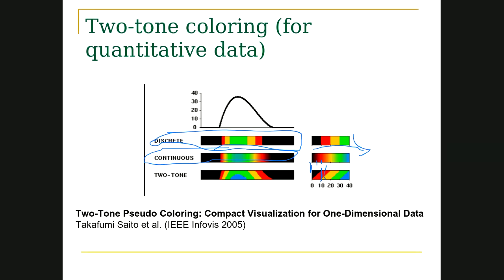And it varies. The top is going to be one color, the bottom is going to be another color. Now with this two-tone coloring, notice that I start to see the shape of that curve right there. That's kind of their advantage. That's the interesting part. And like I said, it works pretty well with things that are continuous.